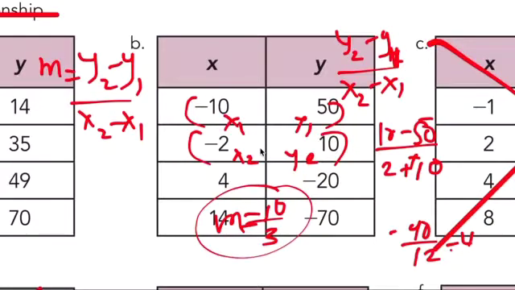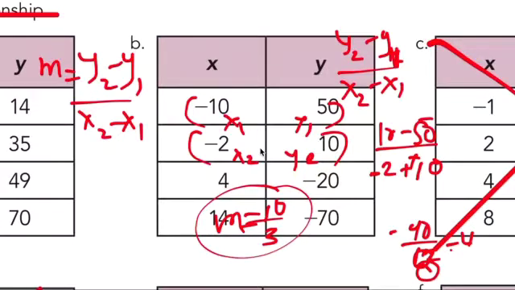Oh, it's negative 40 over 8. Yeah, it is negative 5.